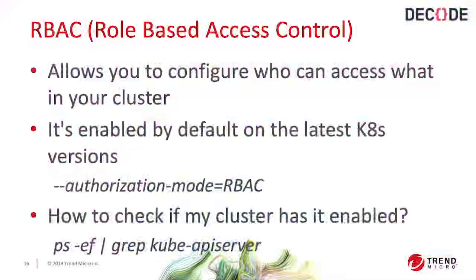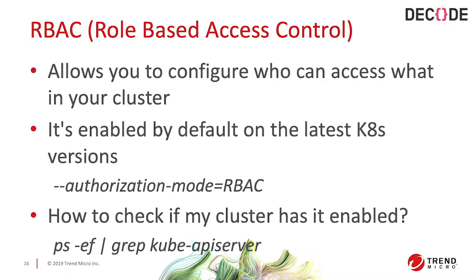As for RBAC, or role-based access control, this is a control that's commonly used on web applications, right? It controls access by roles. You have a regular user, a manager, an admin, or something like that. Most web applications use this type of access control.